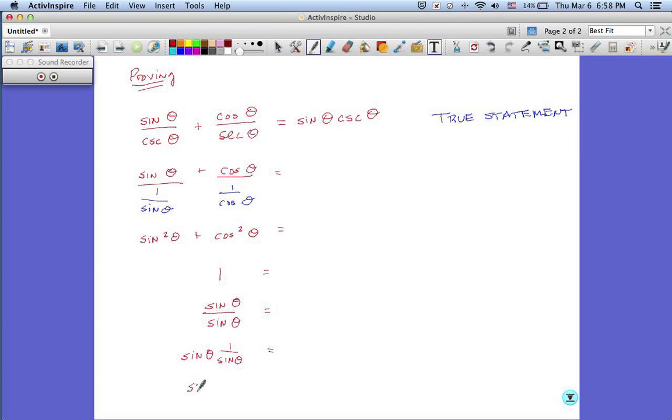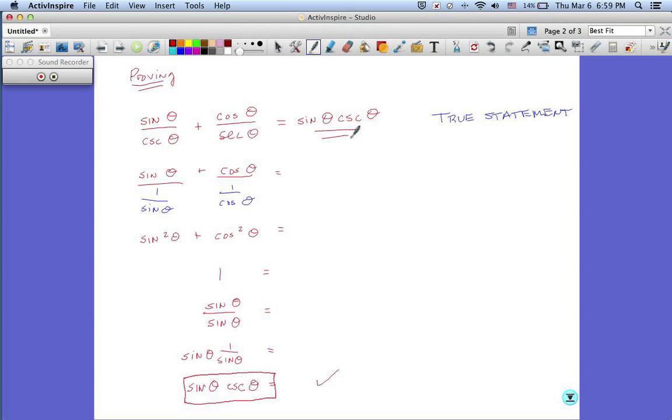Certainly. And 1 over sine we know to be cosecant. Cosecant theta. Check. Now it looks the same. I'm going to quickly go forward and back because we lost some things there. There we go. Okay. I have now made the left side look like the right side.